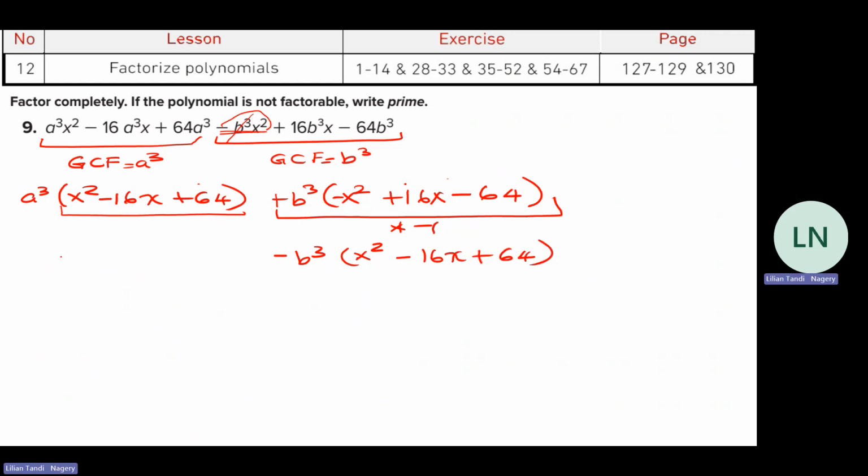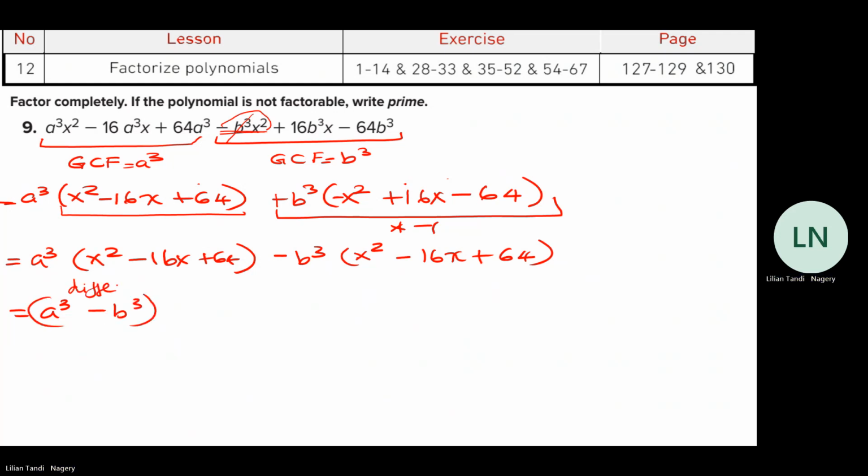Okay? And then I bring this down, a cubed, x squared minus 16x plus 64. So a cubed minus b cubed, this becomes a difference of cubes. And this becomes x squared minus 16x plus 64.